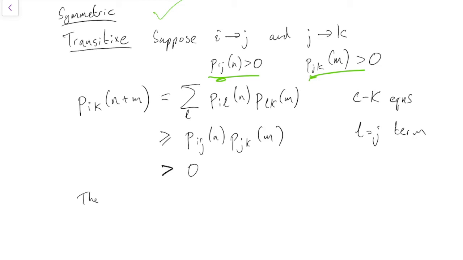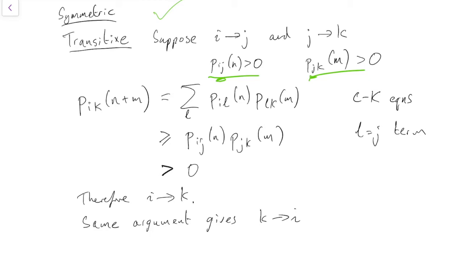So therefore, i arrows k. And the same argument in reverse gives us k arrows i. Right, how do we get from k to i? We go via j. We can get from k to j by hypothesis. We can get from j to i by hypothesis.